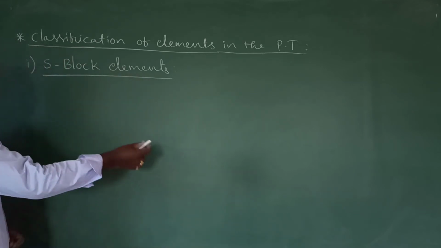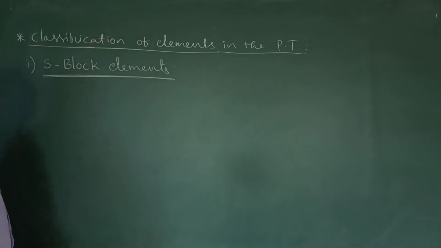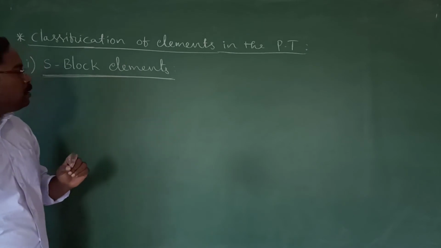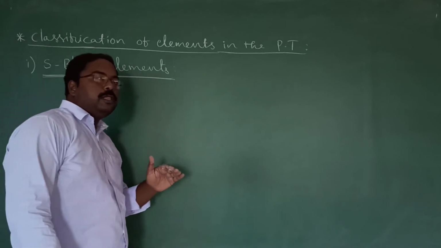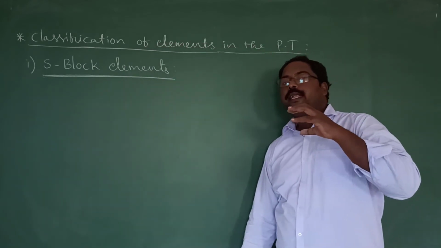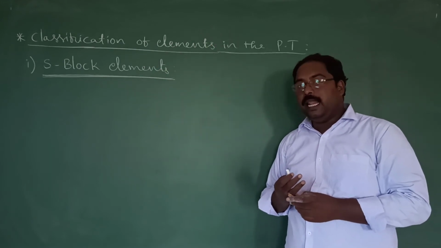Now, first let us discuss the first type, that is S block elements. Before discussing the properties of these elements, we need to know what type of elements are called S block elements.